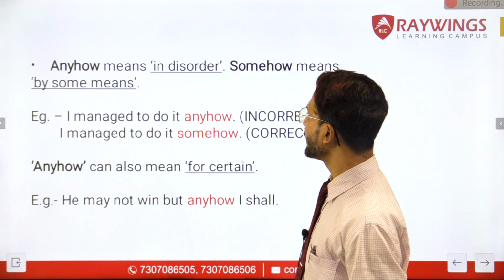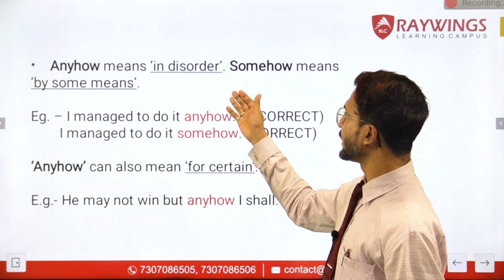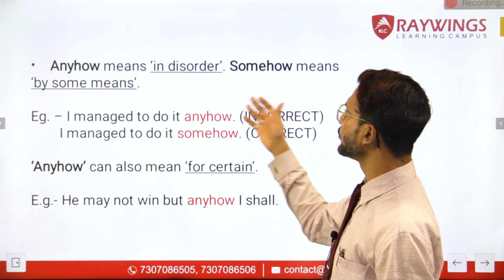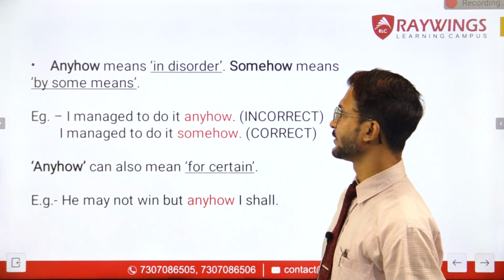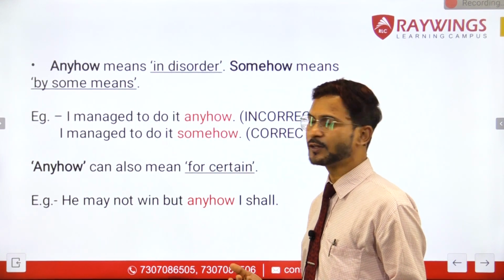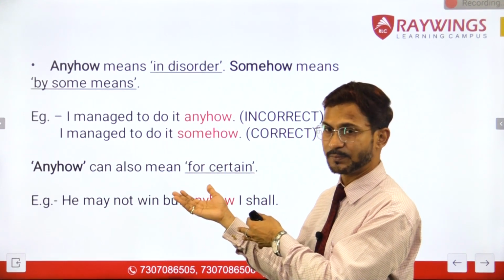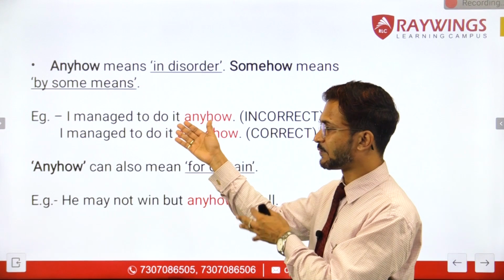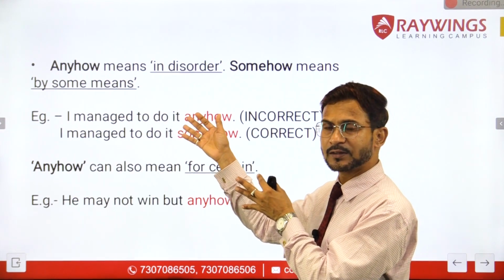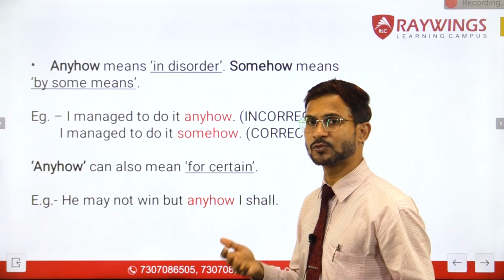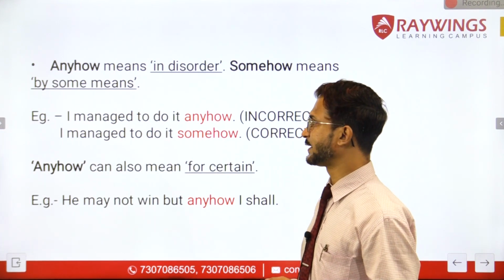Next one says anyhow. Now anyhow means in disorder, right? And somehow means by some means. So anyhow means in disorder and somehow means by some means, right? So let us have a look at the difference between both of these words to have more clarity on this.